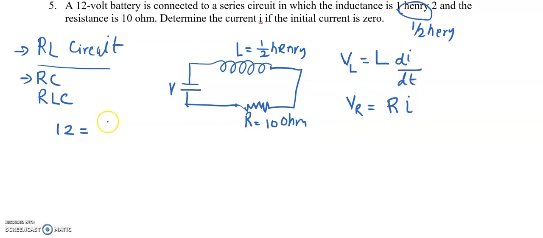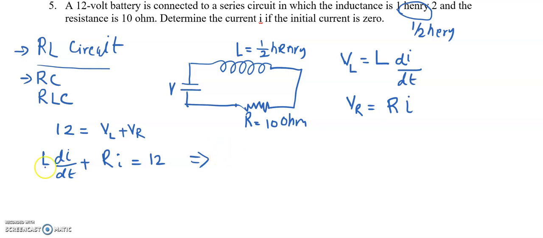So 12 is equal to VL plus VR. VL is L di over dt, plus VR is R I, and that is 12. If I input the values of L and R, it will be 0.5 di over dt plus 10 I, and that is 12.